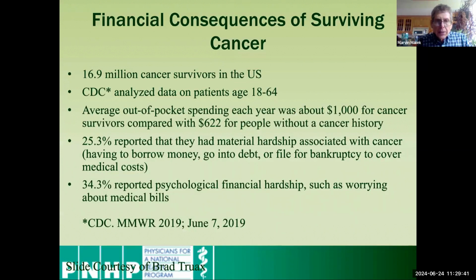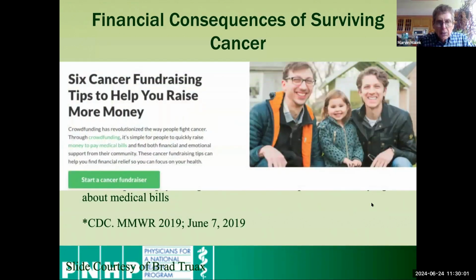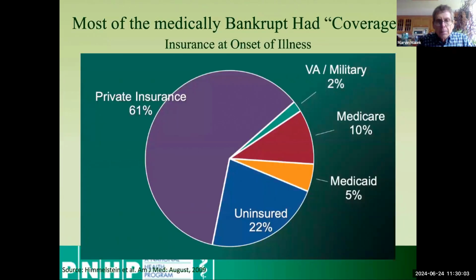So here Ken talked about the tremendous suffering that cancer patients are faced with. Deductibles, copays, letters coming in telling them they're not going to cover stuff. It's completely unacceptable. But that's what happens in the U.S. in the fundraising sites.